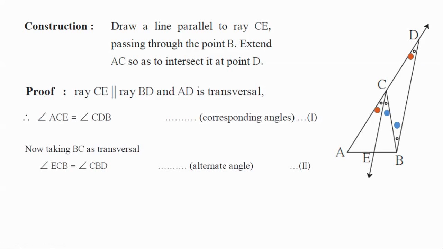Now with the line BC we get angle ECB equal to angle CBD, as these are the alternate angles.